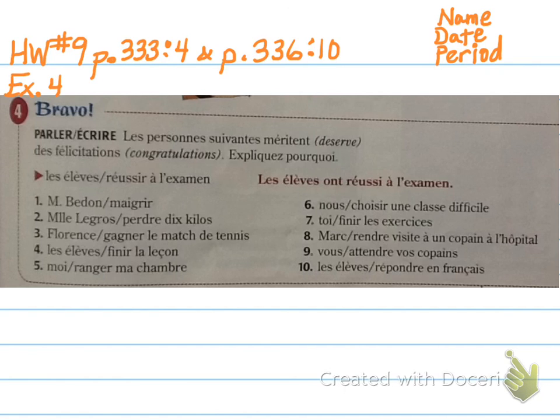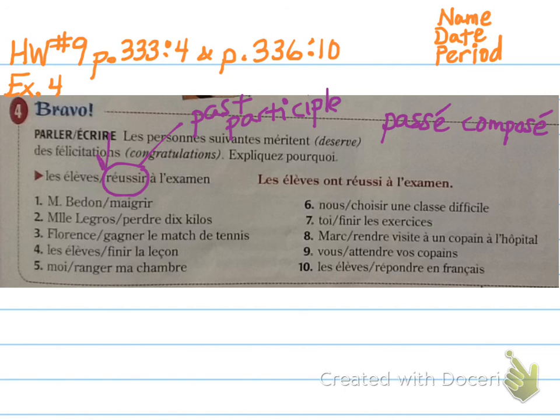All right, your homework. Exercise 4. We did this one out loud. I want you to write these sentences. Remember, this is all going to be in the passé composé. Okay, so you're going to take this word and make it your past participle. And before it, you're going to insert the conjugated form of avoir.